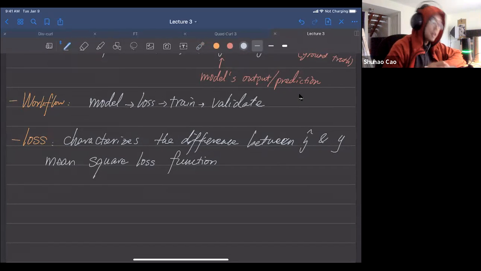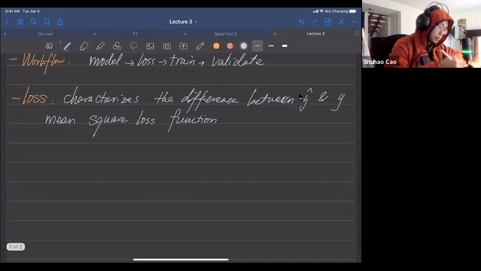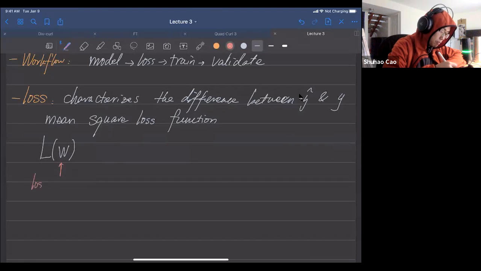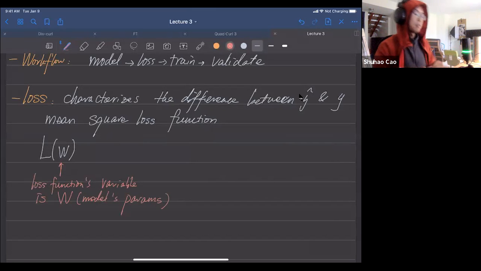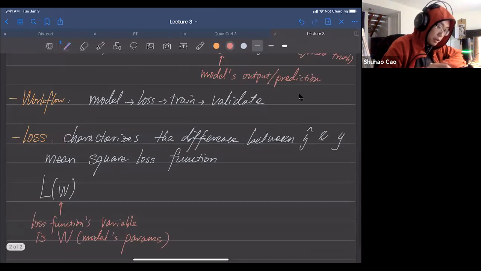It's given as follows. I'm going to write down this capital L. What I want to emphasize is that the loss function's variable is w, which is our model's parameters.